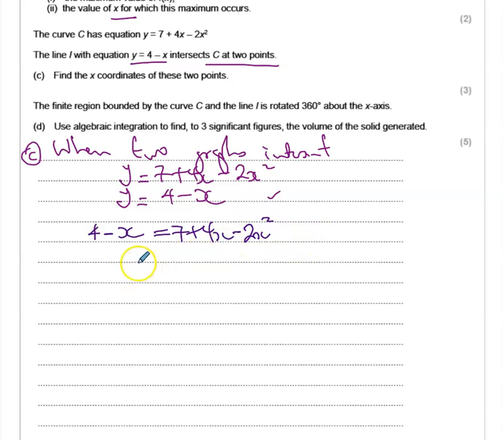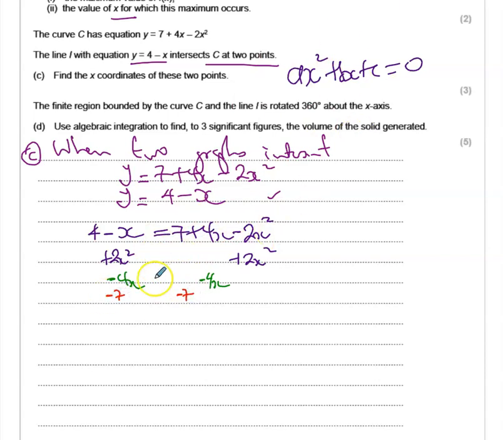So now we can see a quadratic emerging, so we want to rearrange again to achieve ax squared plus bx plus c, our almighty formula. Because I want to minimize the appearance of negative terms, I will be adding 2x squared to both sides, subtracting 4x from both sides, and then subtracting the 7 from both sides.